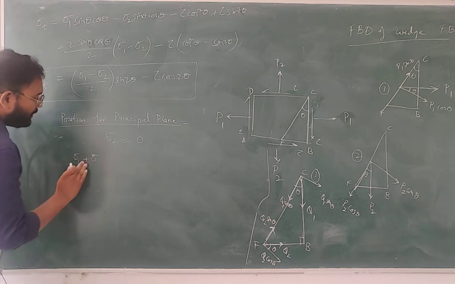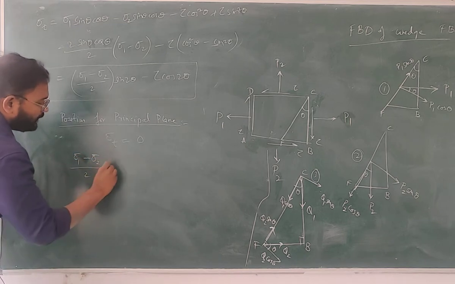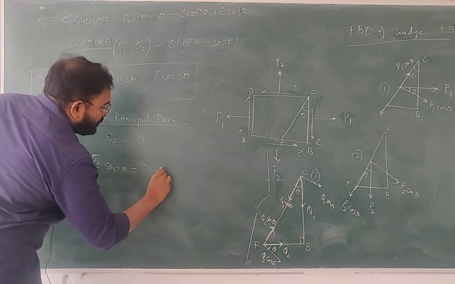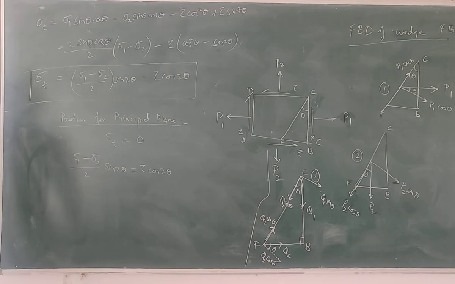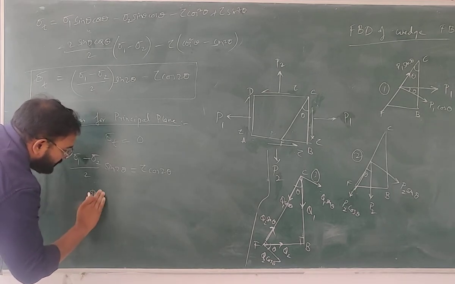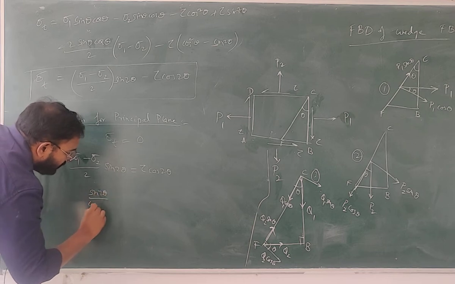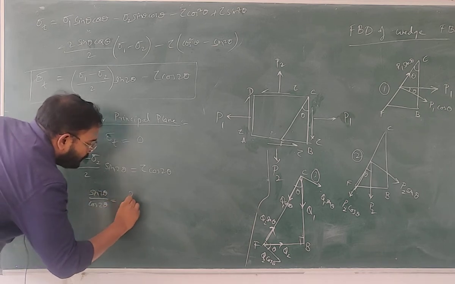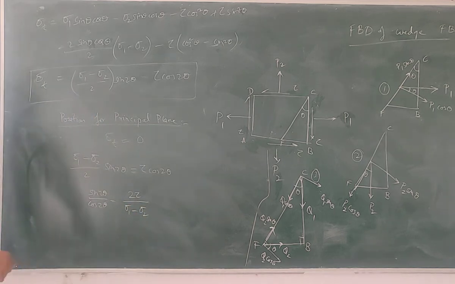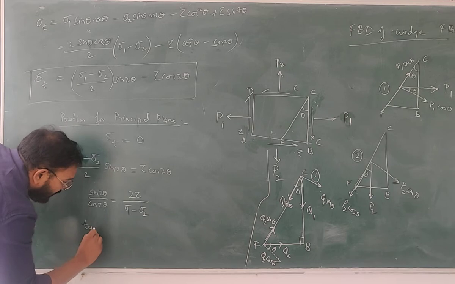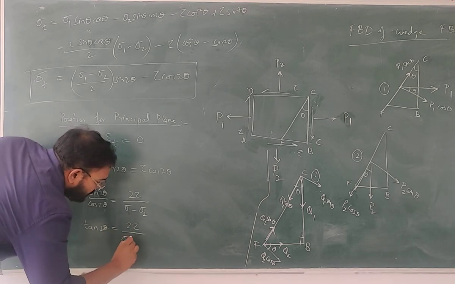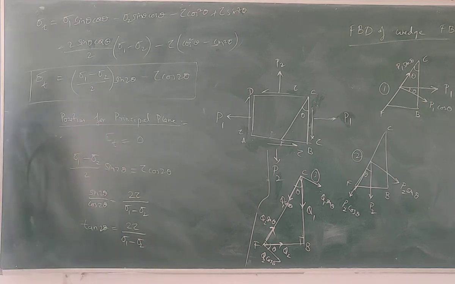So sigma 1 minus sigma 2 by 2 into sin 2 theta is equal to tau cos 2 theta, or sin 2 theta by cos 2 theta is equal to 2 tau by sigma 1 minus sigma 2, or this is tan 2 theta is equal to 2 tau by sigma 1 minus sigma 2.